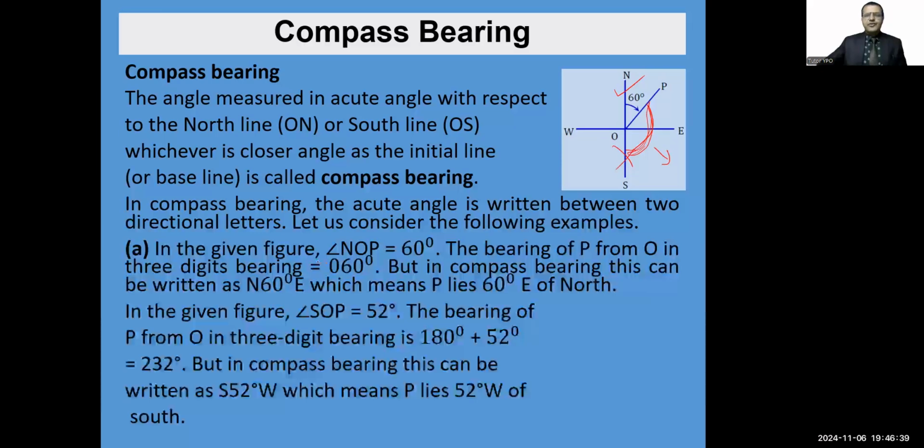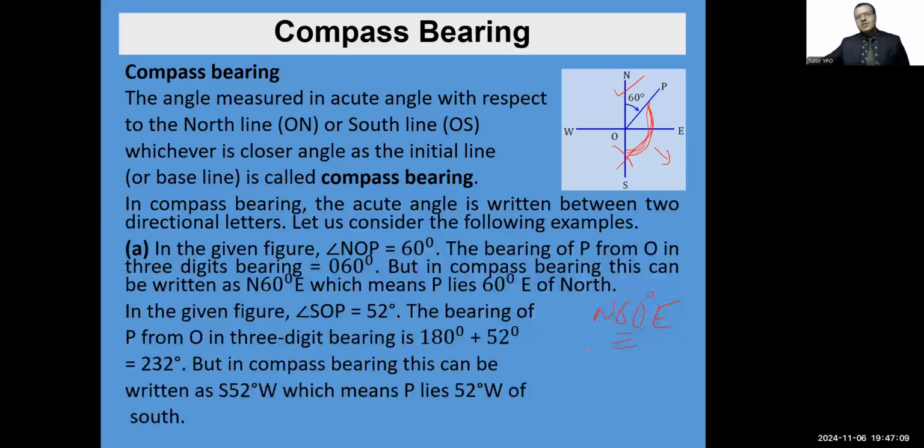So in the given figure, angle NOP equals 60 degrees. The bearing of P from O in 3-digit bearing is 060 degrees. But in compass bearing, this can be written as N 60 degrees E. Here we can just use 2 digits.